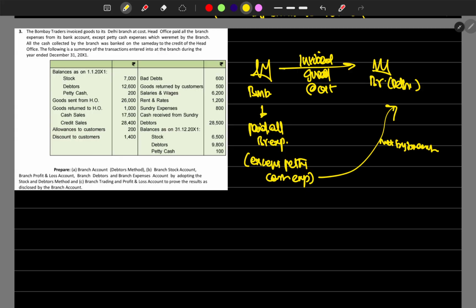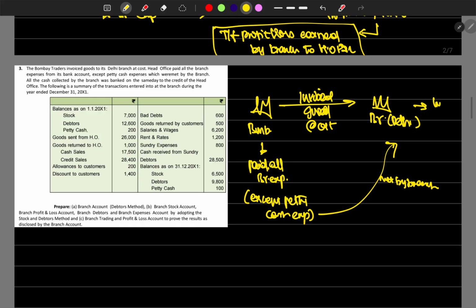Then all cash collected was banked, an immediate transfer.